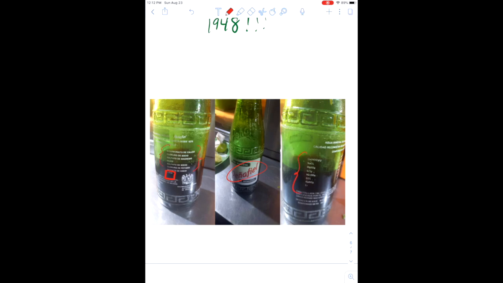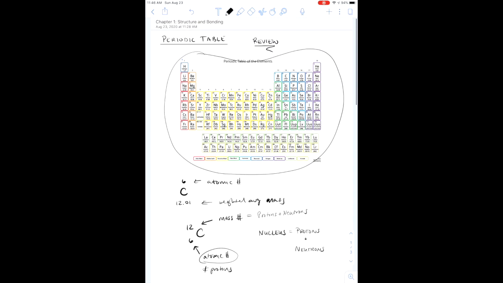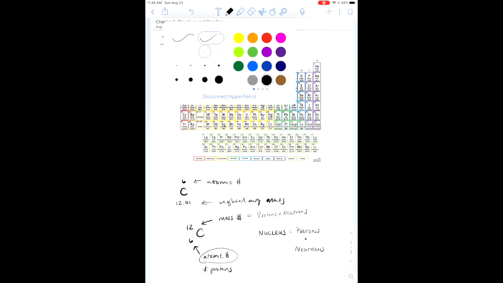I love how it has all the ingredients in Spanish, and then on the other side of the bottle it has their molecular formulas actually drawn out, but it's got lithium in it. That's crazy. So just be careful what you drink when you're in other countries. Long story short, right? Okay, so back to chemistry that's in our book.